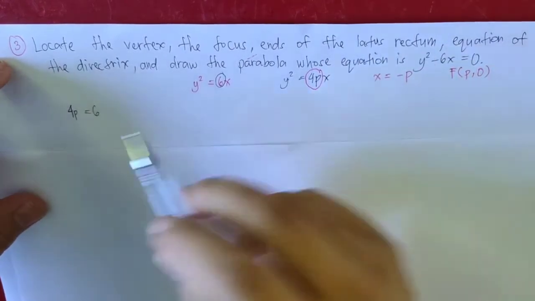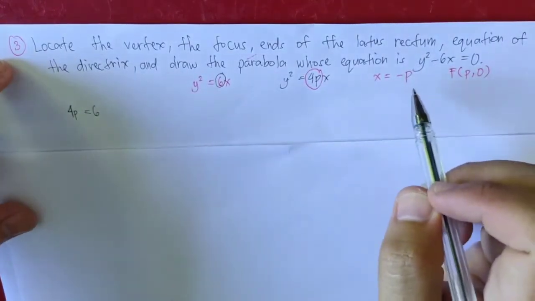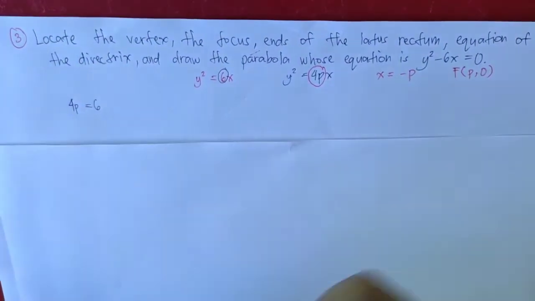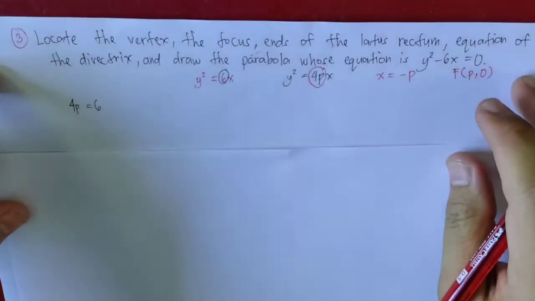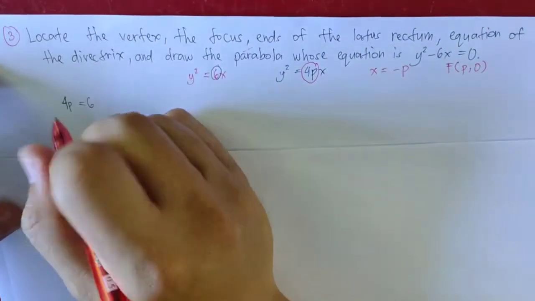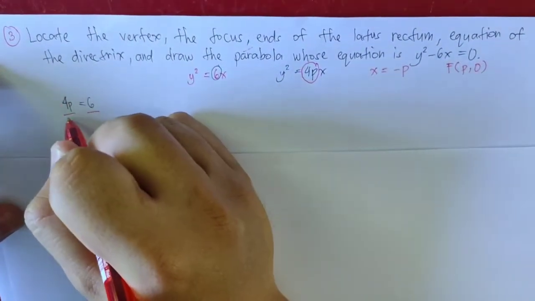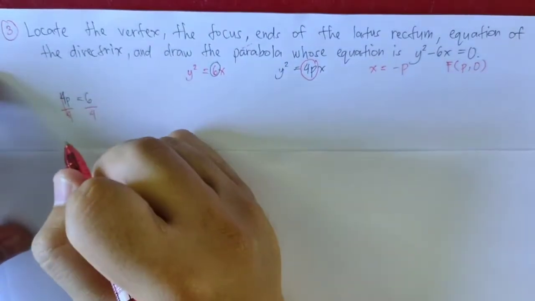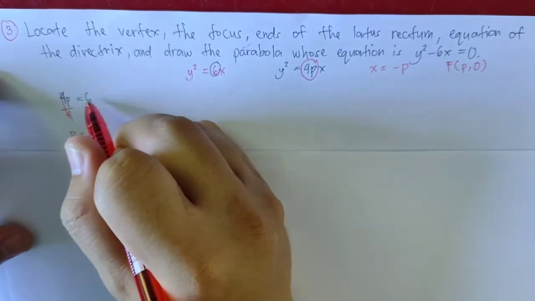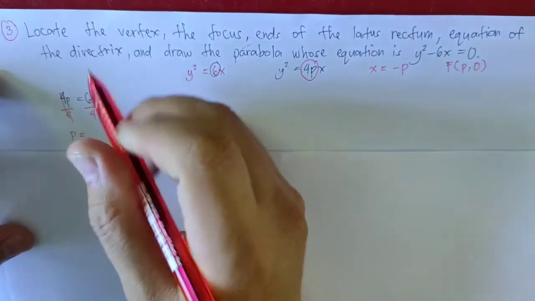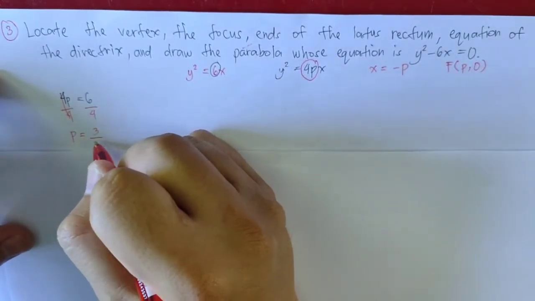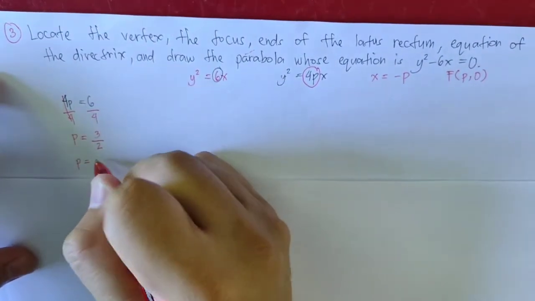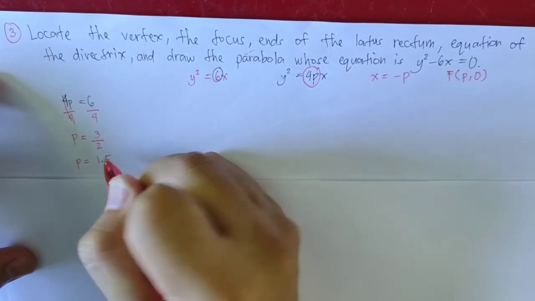Mamaya magagamit natin yung 4p. Next, hanapin natin yung p para mahanap yung directrix and yung focus natin. Para mahanap yung value ng p, divide natin both sides by 4. Cancel na to. So p is equal to 6 over 4. Lowest term natin magiging 3 over 2, or gawin natin decimal, p is equal to 1.5.